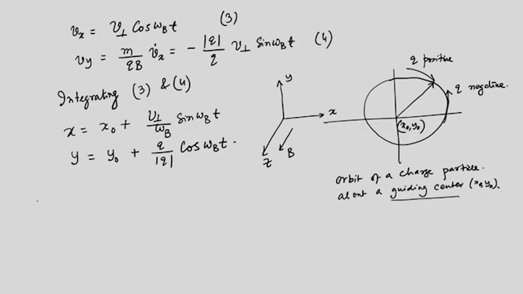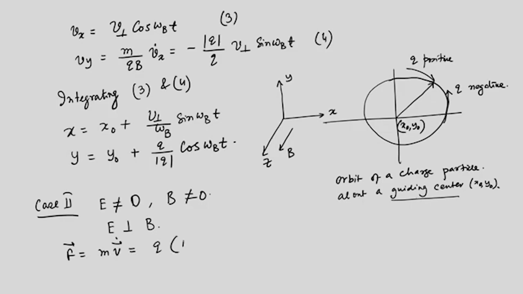Let us look at case 2 now, when E is not equal to 0 and B is not equal to 0, but E is perpendicular to B. It is basically a generalized condition of the one that we just saw, and we can write down the equation of motion: F equals m v dot, which is equal to q into E plus V cross B. Now, the total force has a contribution coming from the electric field.